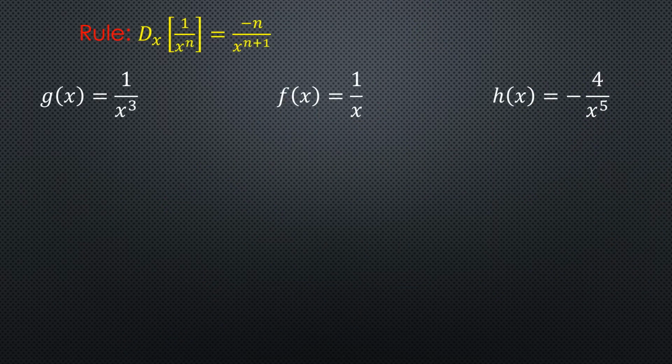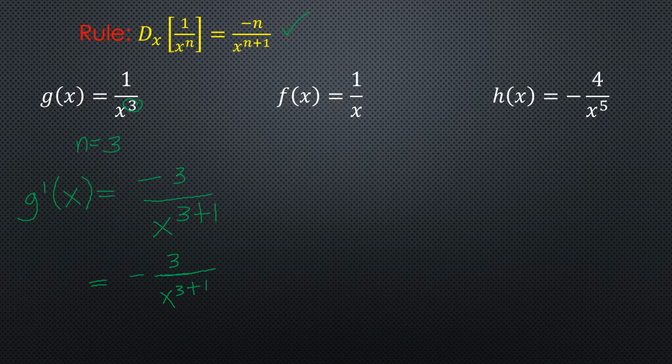So just like in the first example, g of x is equal to 1 over x raised to 3. So this is the exponent, n is equal to 3. So we just locate it. So we have g prime of x is equal to negative 3 over x raised to 3 plus 1 as seen in the rule. So we now have negative of 3 over x to the fourth.